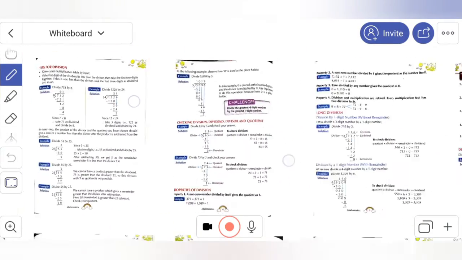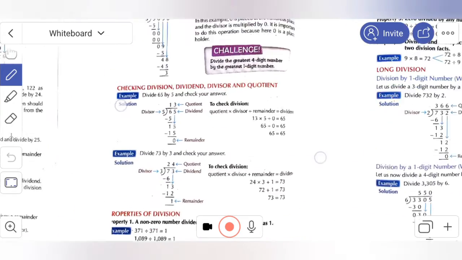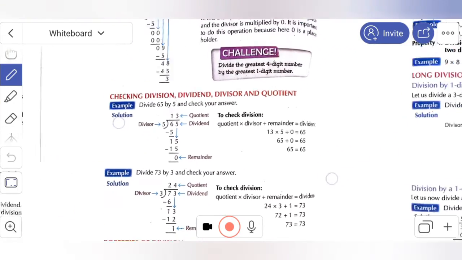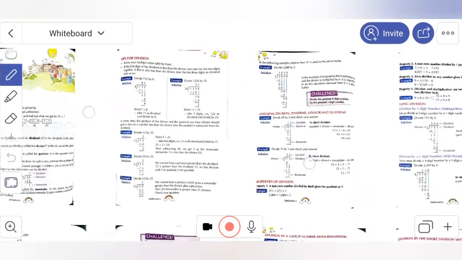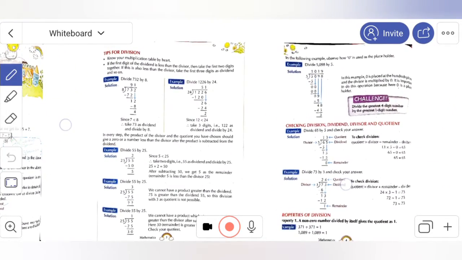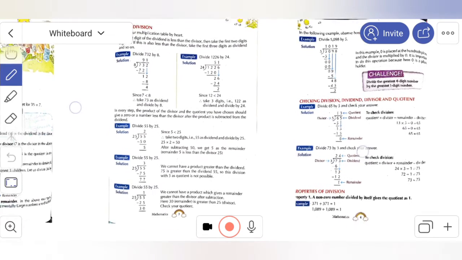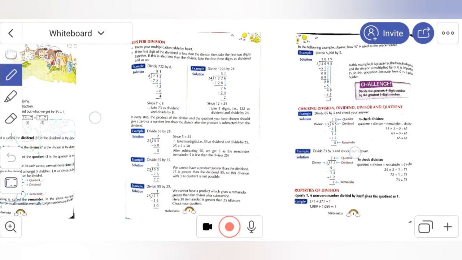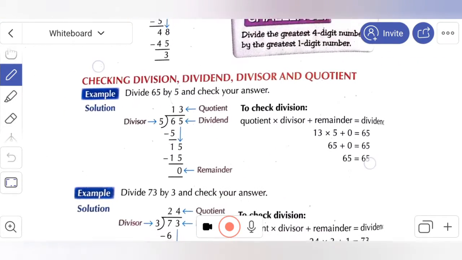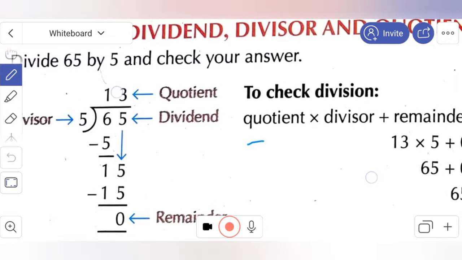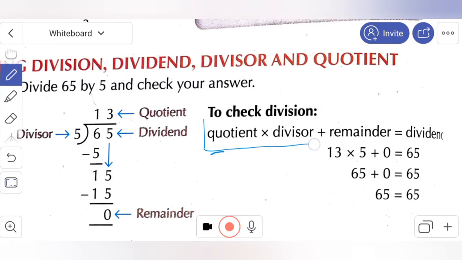Where is your exercise? And again, one formula you need to remember is: quotient into divisor plus remainder equals dividend.